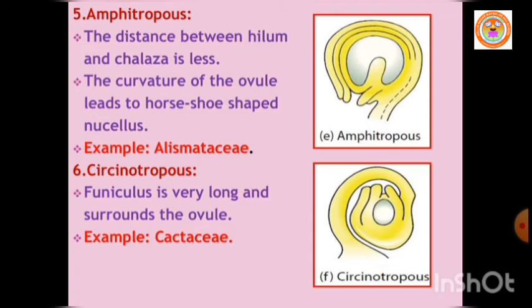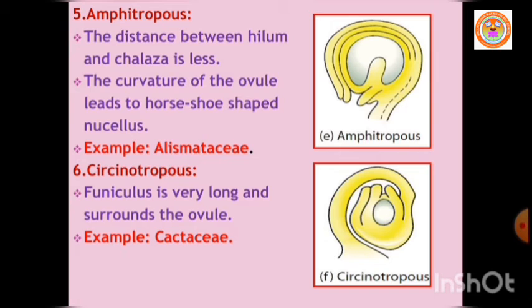Fifth one, amphitropous type of ovule. In this type of ovule, if you observe, the distance between the hilum and the chalaza is less. The distance between the hilum and the chalaza in this type of ovule is very less.